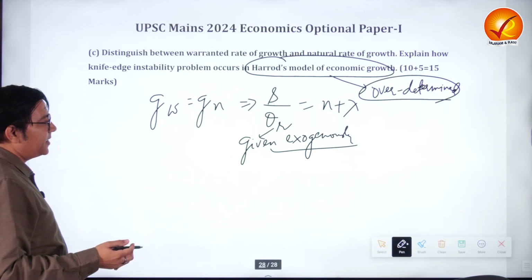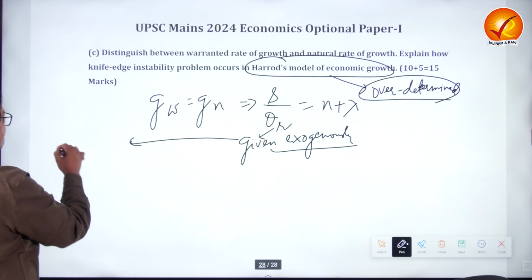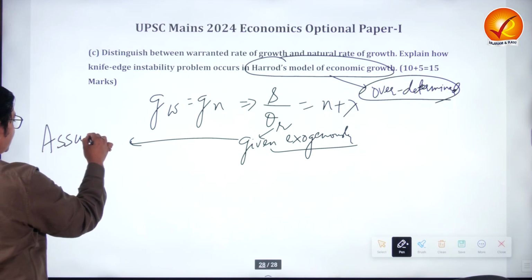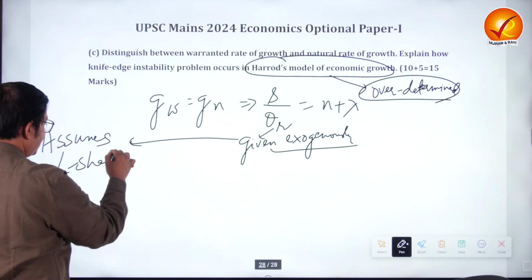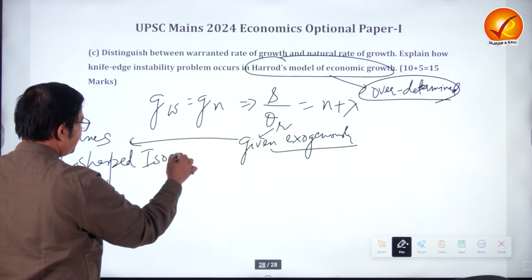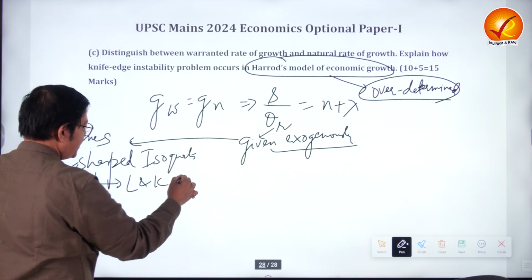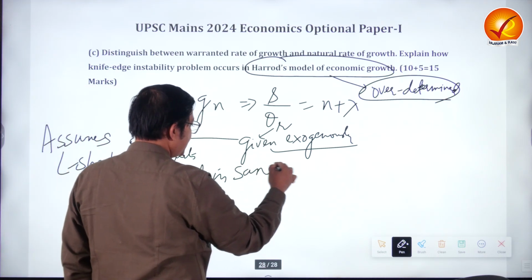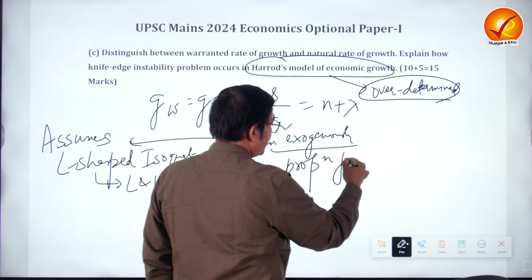And the other interpretation of this given exogenously is that the model assumes L-shaped isoquants. L-shaped isoquants mean labor and capital used in the same proportion for all production.